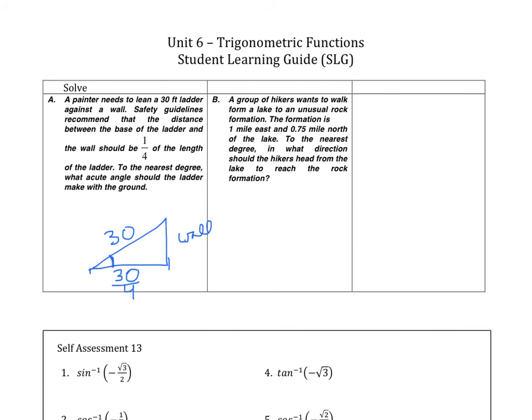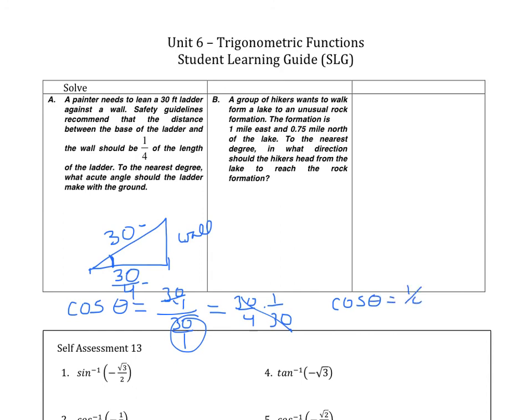I know if I have adjacent and hypotenuse, that's my cosine of theta equals my adjacent, which is 30 over 4, over 30. If I make 30 a fraction, then I have 30 over 4 times 1 over 30, and they cancel out. So I get 1/4. So really my cosine of theta is equal to 1 over 4. And if I take the inverse, cosine inverse of 1/4 equals my angle.